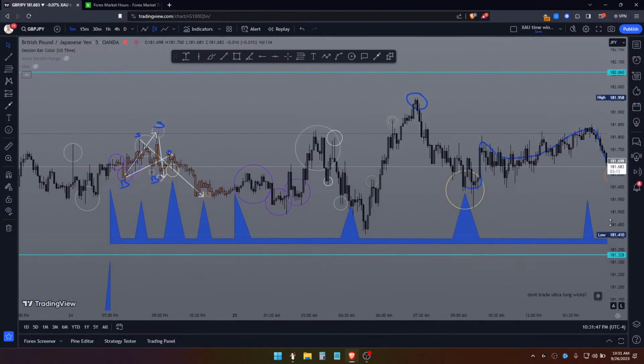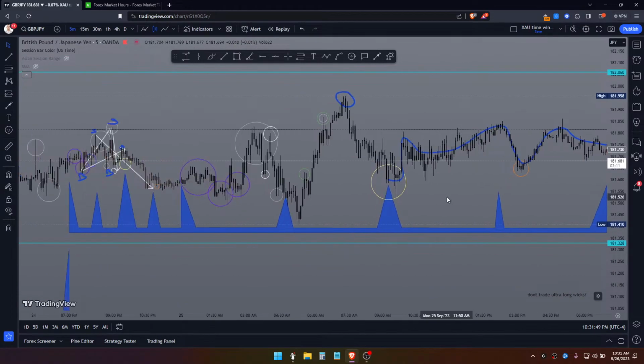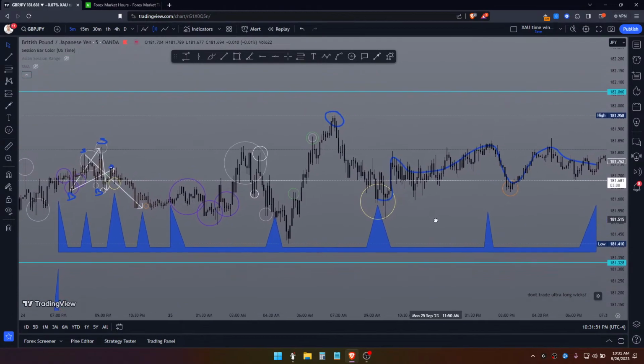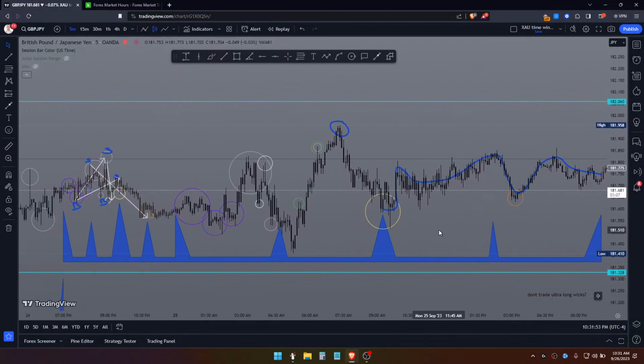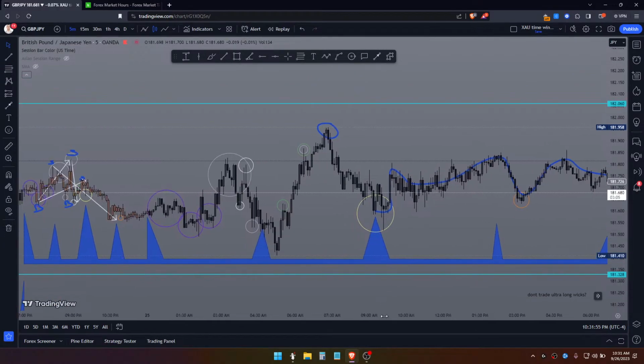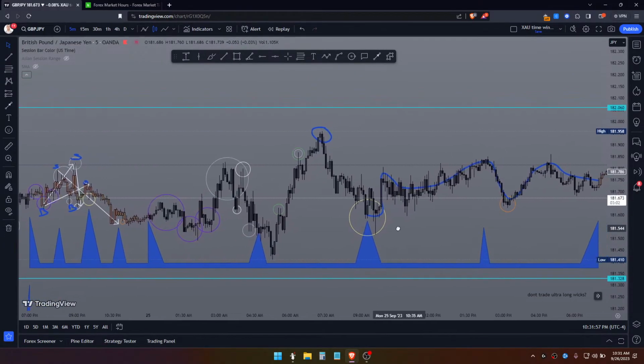So did we see anything like that? This was saying to buy the drop in the first part of the day, so you might have got in there if you were lucky.